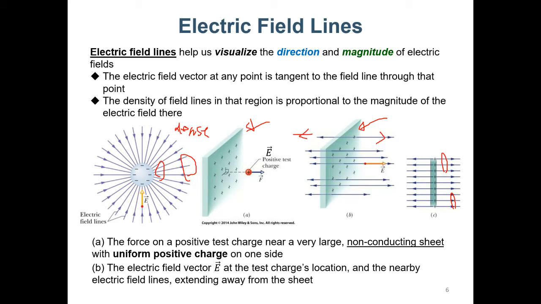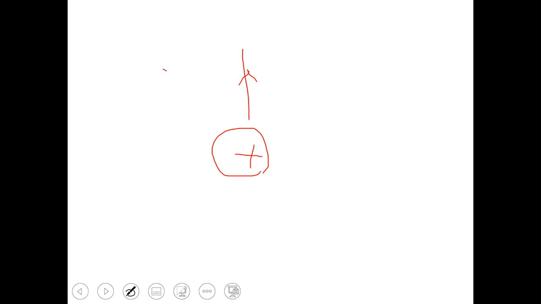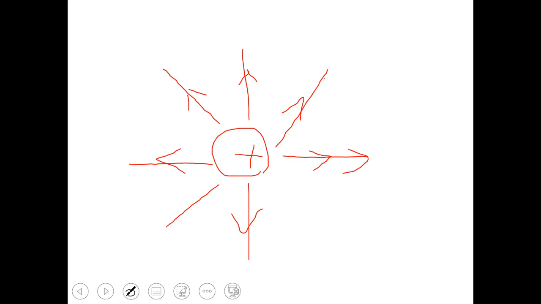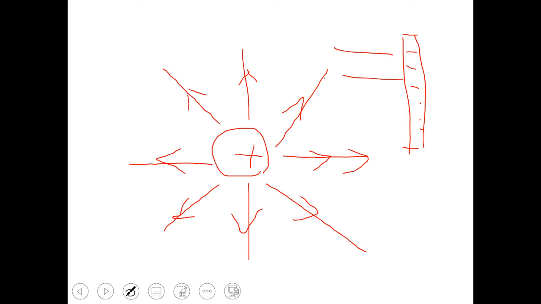If it is a positive charge, the electric field lines will be somewhat like this, pointing outward. If it is a negative parallel plate, the electric field lines will be somewhat like this.